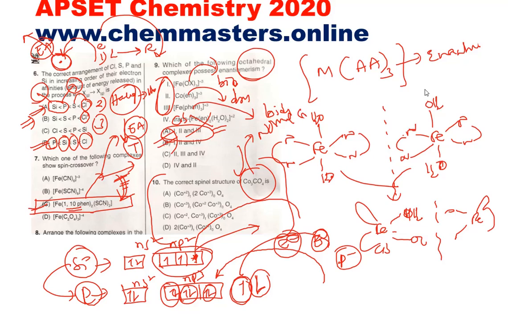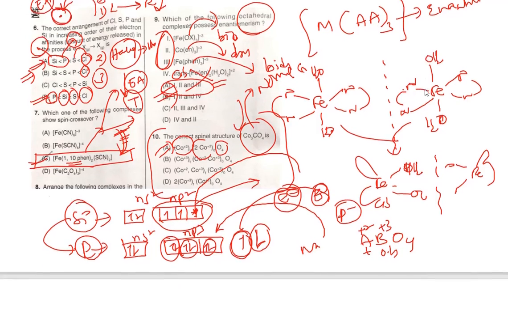For normal spinels, the general representation is A2+ B3+, that is, the metal with plus 2 oxidation state occupies tetrahedral holes, and the metal with plus 3 oxidation state occupies octahedral holes. So here cobalt plus 2 is in the tetrahedral hole and 2 cobalt plus 3 in octahedral holes, and that's why option A is the correct answer, because Co3O4 is a normal spinel.